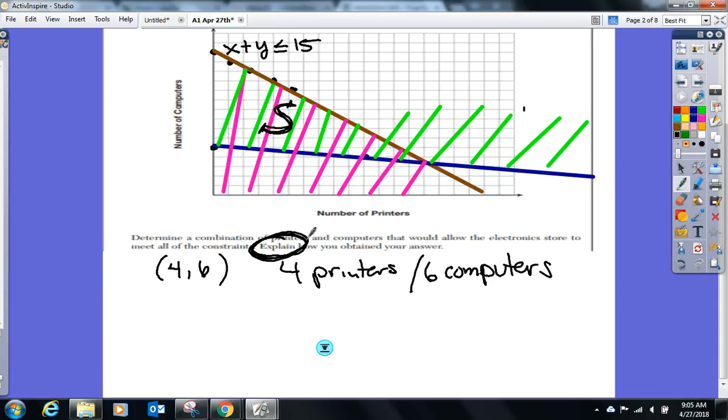You need to write a little statement that says why you picked 4, 6. Anytime you see explain, you need to write a sentence or two explaining where your answer came from, in words. So Matt, why'd you pick 4, 6? It makes the equation work, and it was in the what? 4, 6 is in the solution set, or the shaded region.